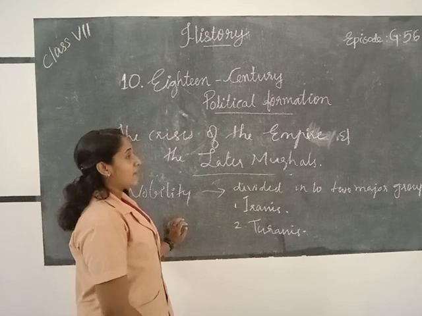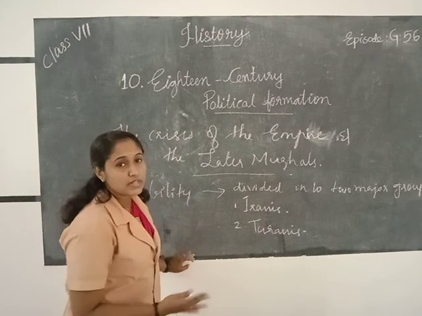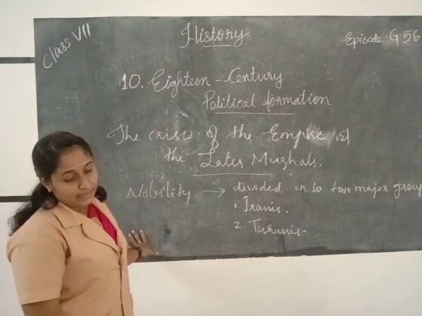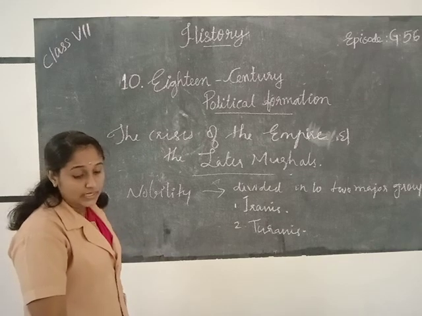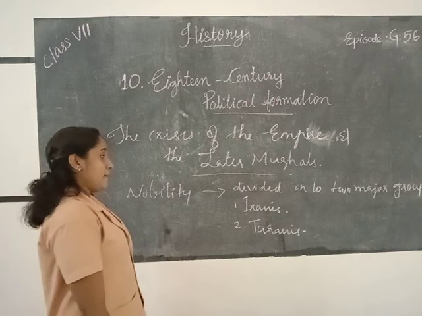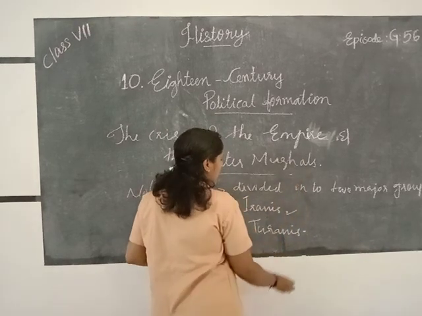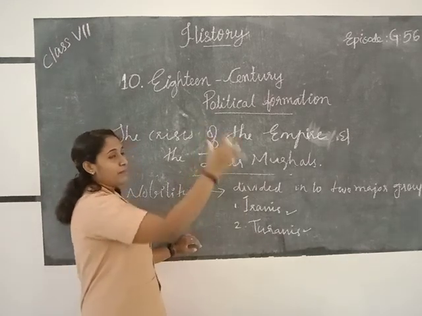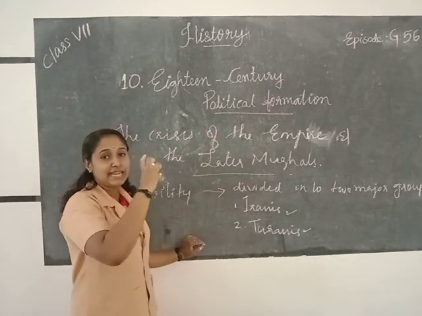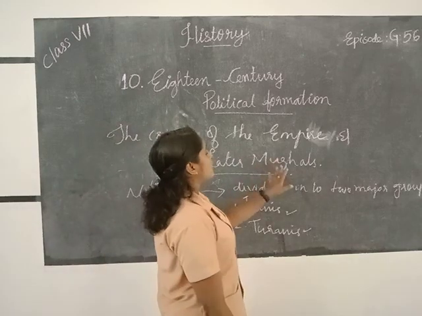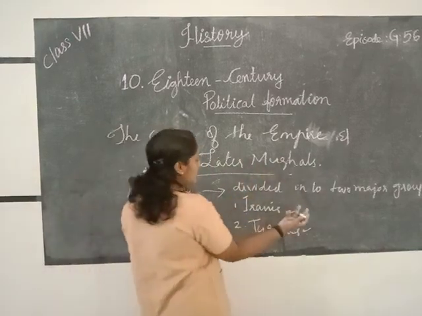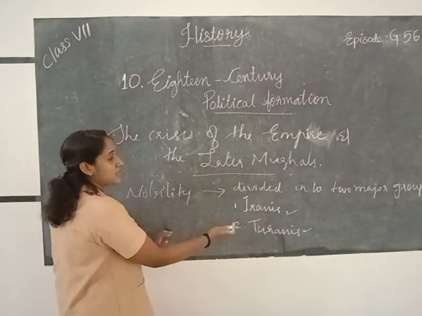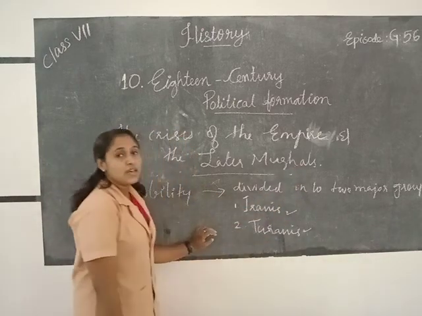After the death of Aurangzeb, the later Mughals completely lost their powers, and they were puppets in the hands of one or the other of two powerful groups. Maybe the Iranis ruled the Mughals, or the Turanis ruled the Mughals. The power of the Mughal empire completely collapsed, and the later Mughals were a puppet for either the Iranis or the Turanis.